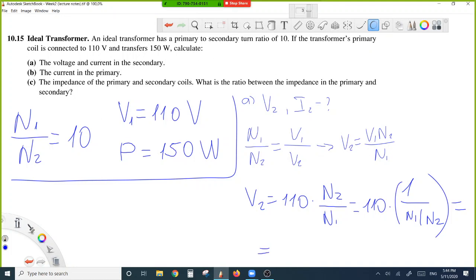This will be equal to 110 multiplied by 1 over 10, and we have 11 volts.